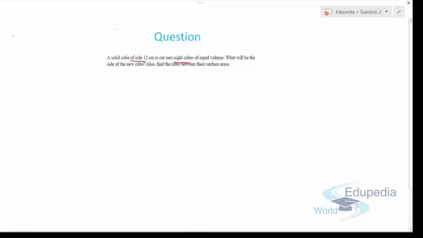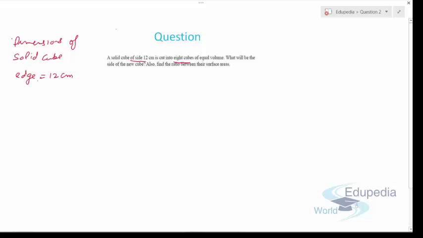First of all, we need to write the dimensions. The dimensions of the solid cube are: edge is given to be 12 centimeter.